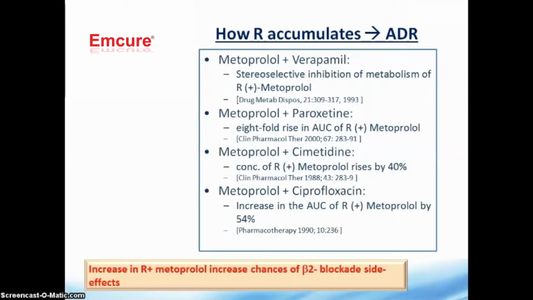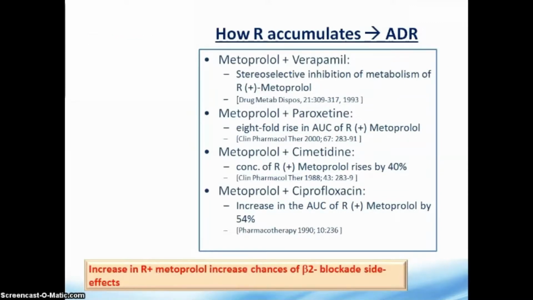Then you have metoprolol with paroxetine, again an increase in AUC of R metoprolol. When metoprolol interacts with cimetidine, again R metoprolol rises by 40%. This R isomer is accumulating, as you see, in these different interactions.